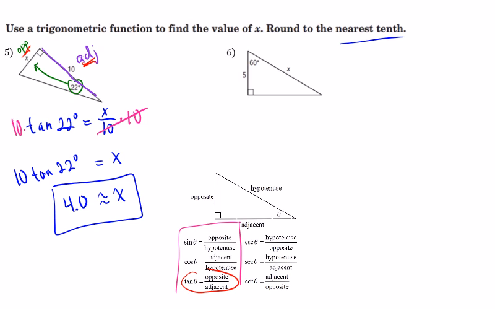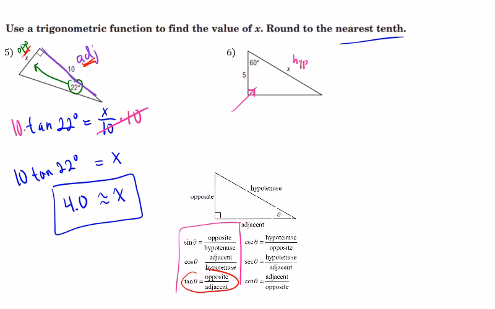All right, now number 6, trying to find x here. So let's catch our bearings. We have this angle here, 60, and that's our reference angle. Here is the right angle, so that means this is the hypotenuse. The hypotenuse is one of the sides that matters because that's where x is.